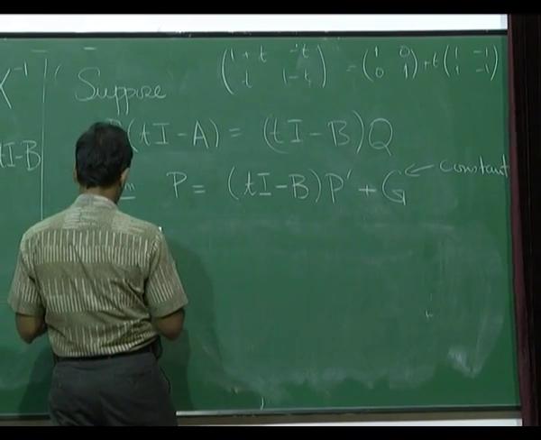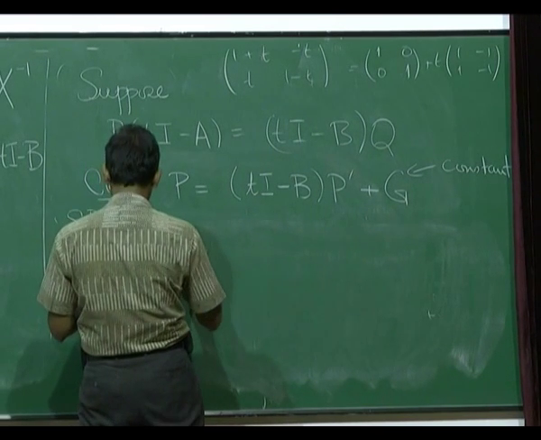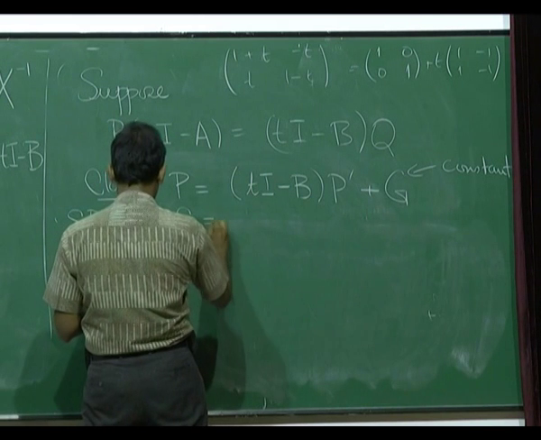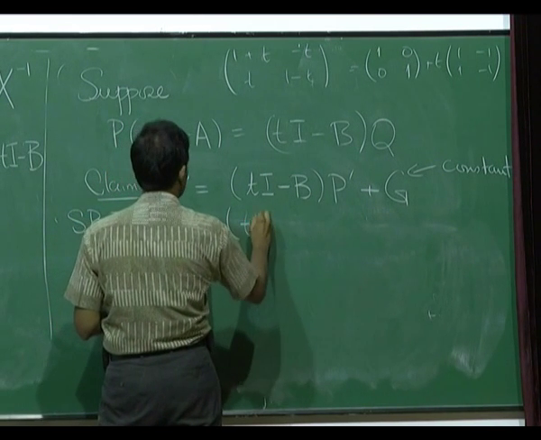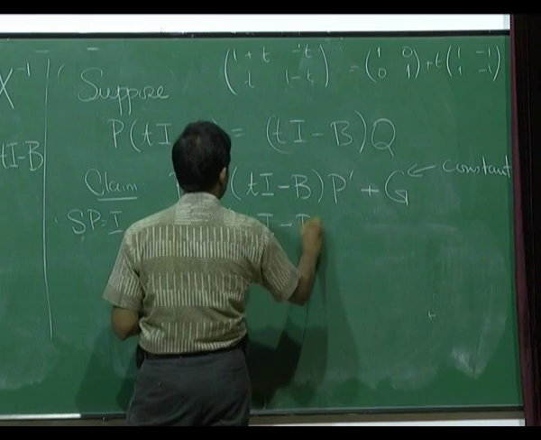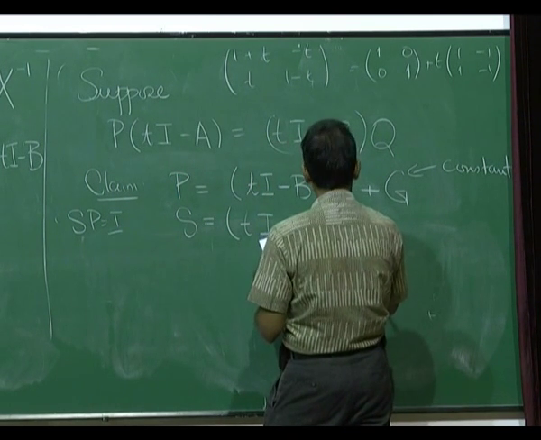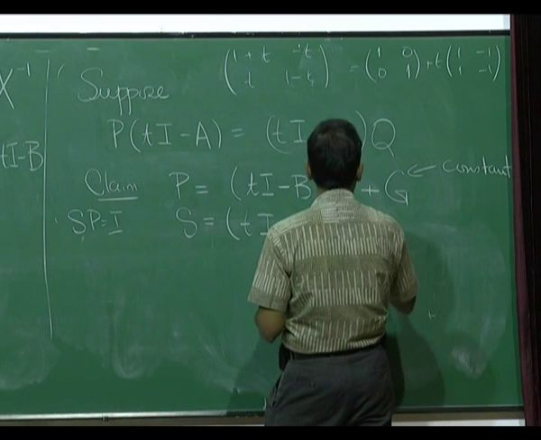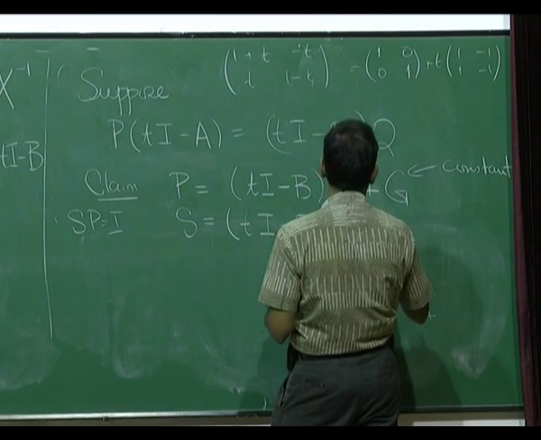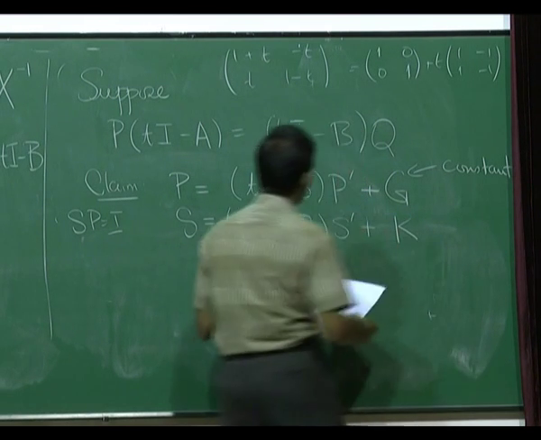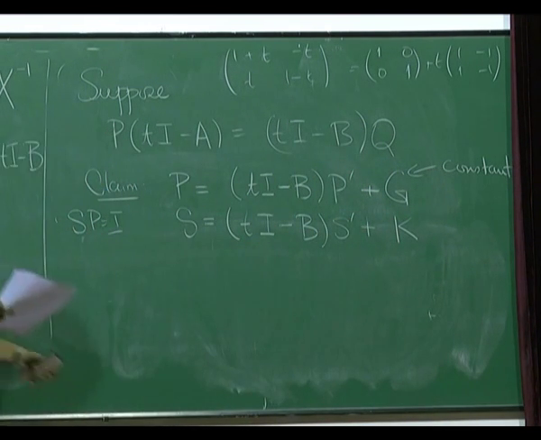Then we can also write S as (tI minus B) times S prime plus some other symbol, let's say K, and K is a constant matrix just by the same trick.